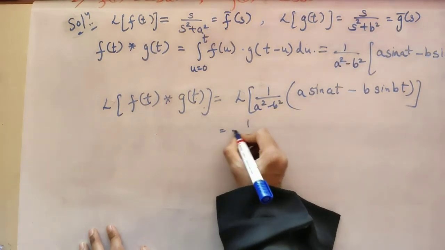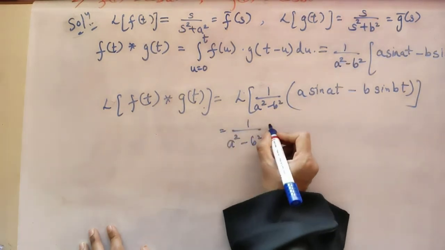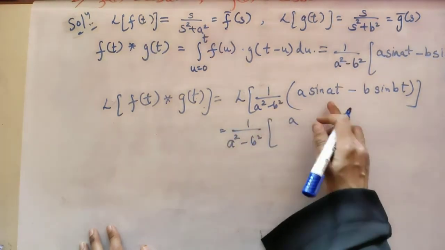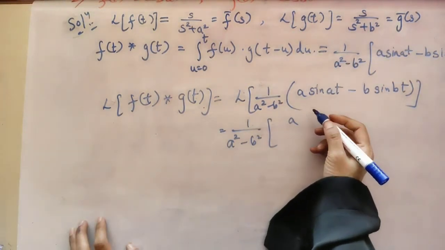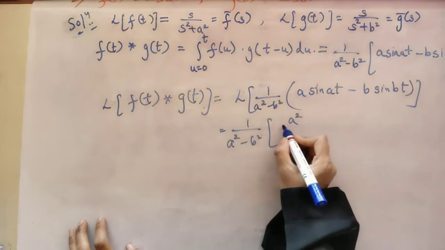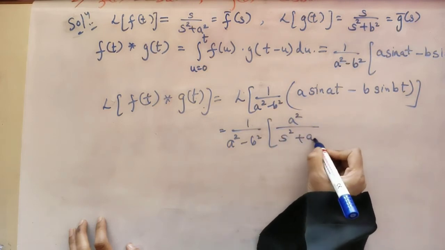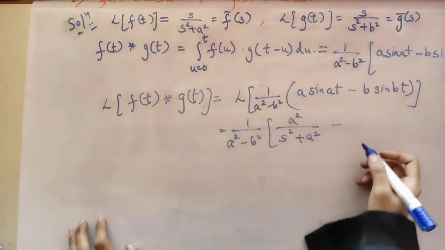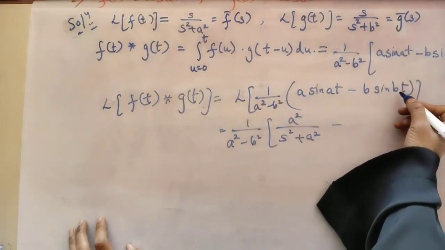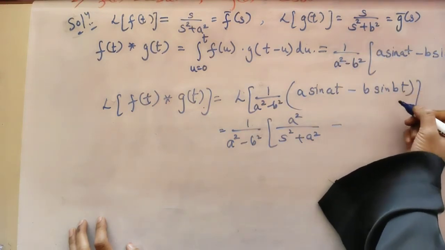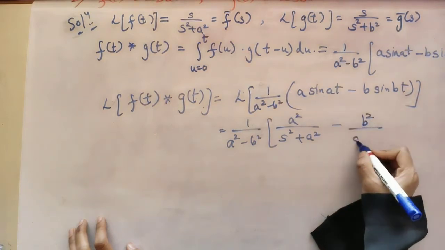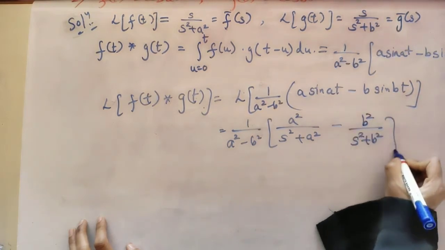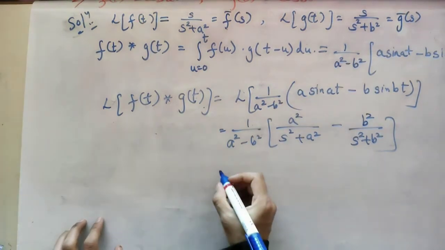Okay. 1 divided by a square minus b square, I will keep it outside. A is there. Laplace transform of sin at is a divided by s square plus a square. So that a and this a becomes a square divided by s square plus a square, minus. Similarly here you will have b, and Laplace transform of sin bt is b divided by s square plus b square. So b into b in numerator, you will get b square, s square plus b square in the denominator. Now take the LCM and further simplify this.